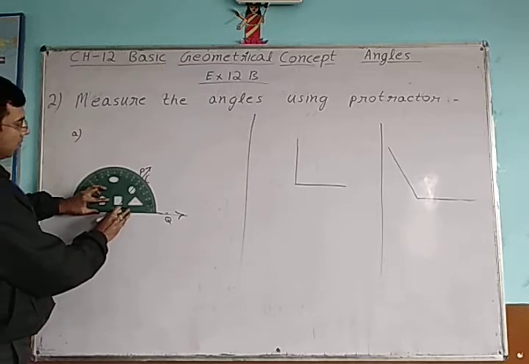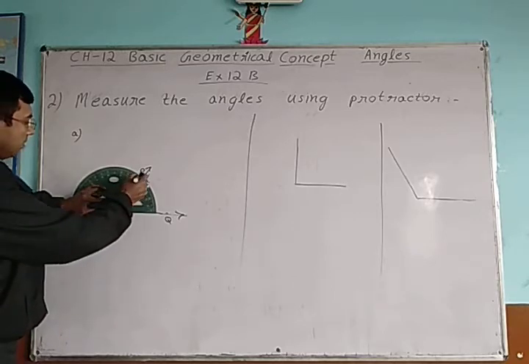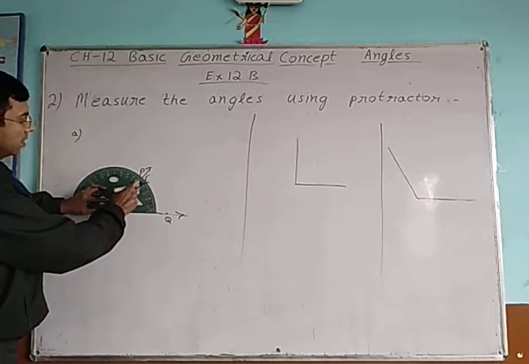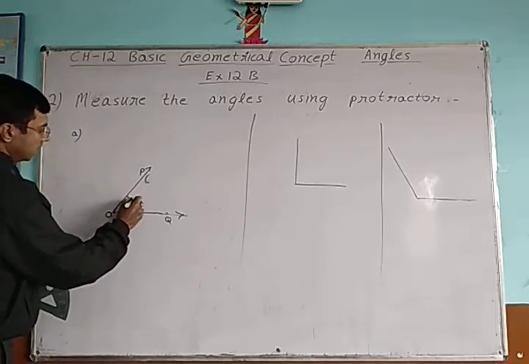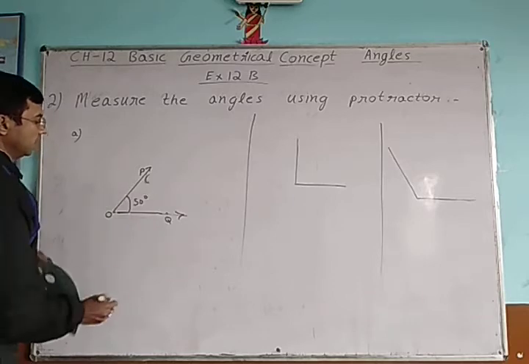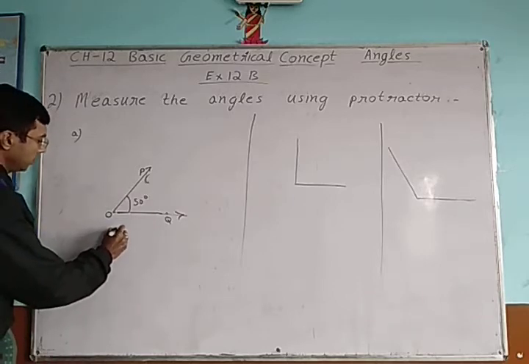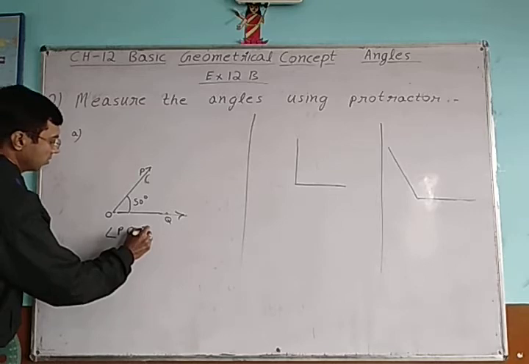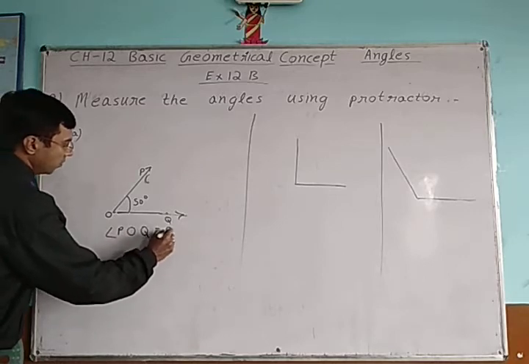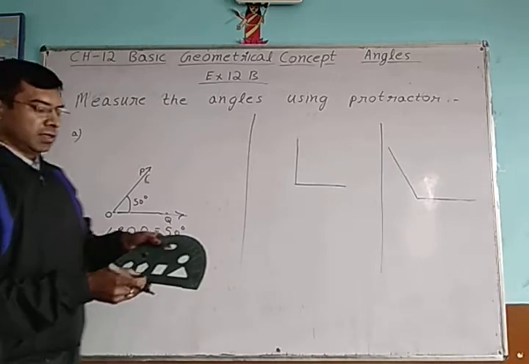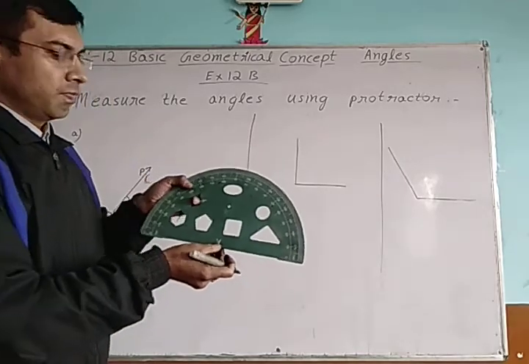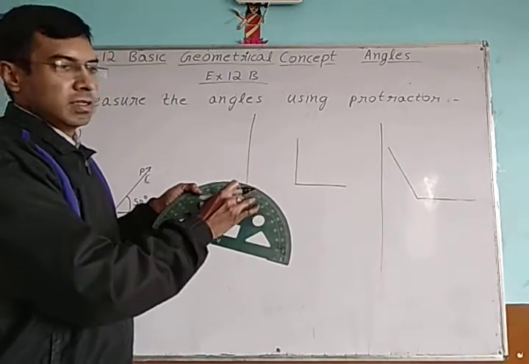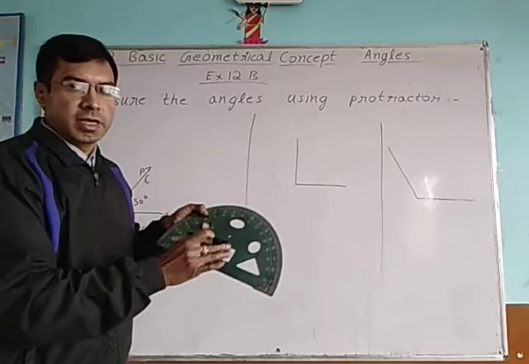And then measure. See, it is 50 degree, clear, student? 50 degree. So angle POQ is equal to 50 degree. First we keep this middle point at the vertex of the angle, and then we see where that arm is going, clear?